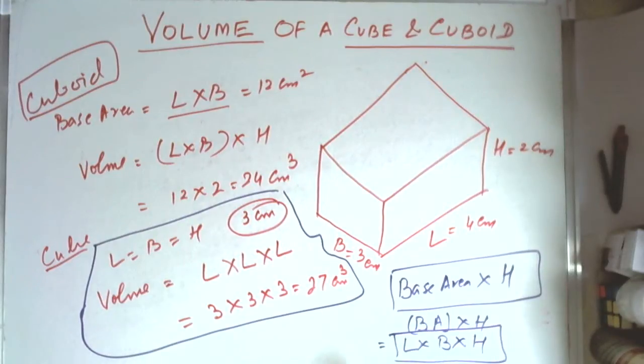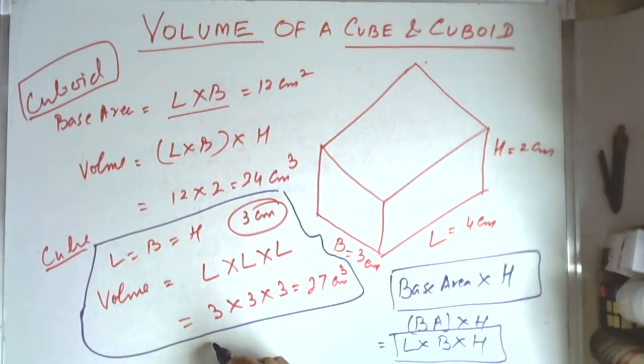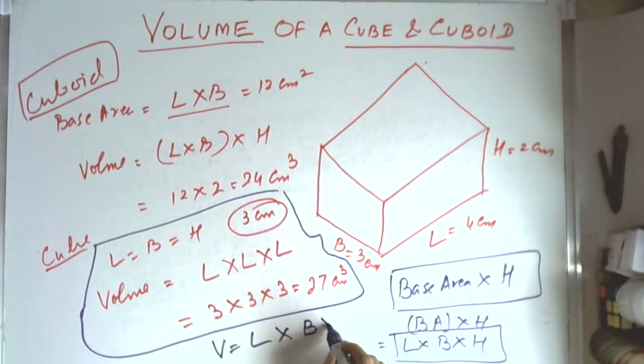So in case of cube and cuboid, our basic formula is that volume is equal to length into breadth into height. So we should just remember this. It's a very simple concept. And in case of a cube, because all three sides are equal, we can just multiply one side 3 times, and we can also say length cube.